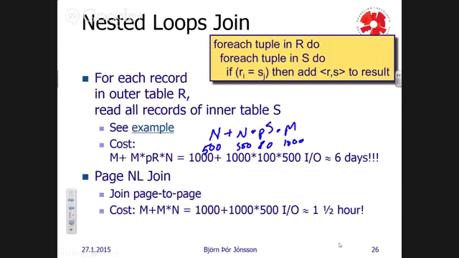Anyway, the obvious way to improve this is something called the page nested loops join. Remember, here we basically completely ignore the pages. We just loop. So you could think of having a loop within a loop: for each page in R, and then for each page in S, for each tuple in the page, for each tuple in the page.